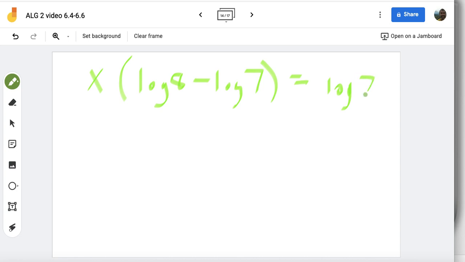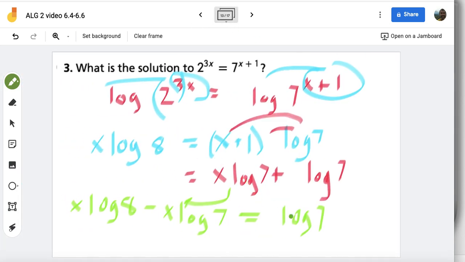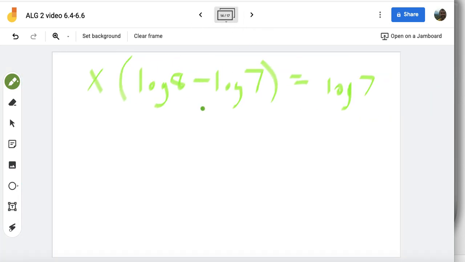Double check. Yeah, log 7. Okay, then it's just one more step, then we're going to evaluate it. We're going to divide both sides by this parentheses, what we factored out, because we got the x by itself. So we have x, the final exact answer is this, but we probably need to find a decimal equivalent.